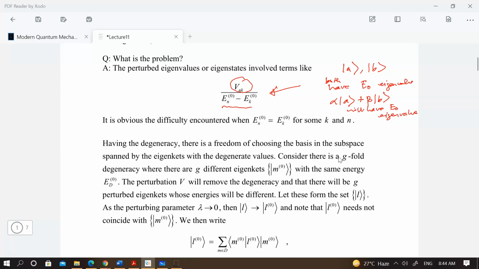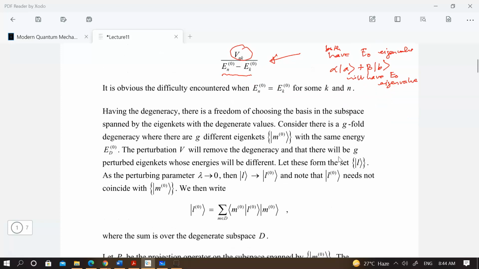So here is what we're going to do. We have this freedom of choosing the basis within the subspace of states which have degenerate eigenvalues.